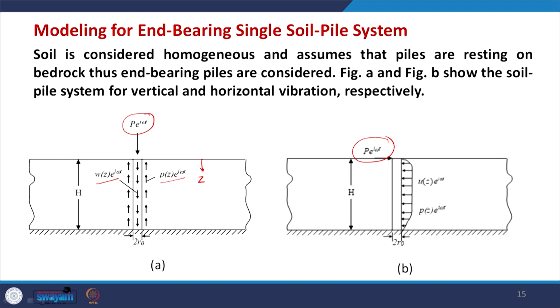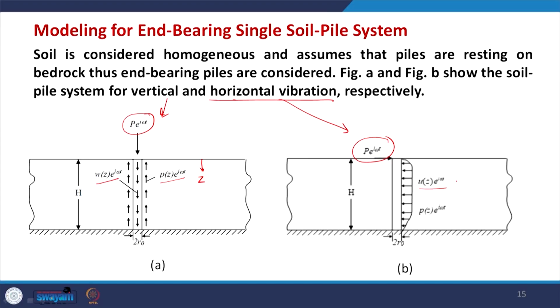So, this is for vertical vibration and this is for horizontal vibration. For horizontal vibration, which is more important in case of earthquake, when you apply the load horizontally, the displacement will also take place in the same direction as the load, and the displacements are shown using u(z) e^(i omega t).